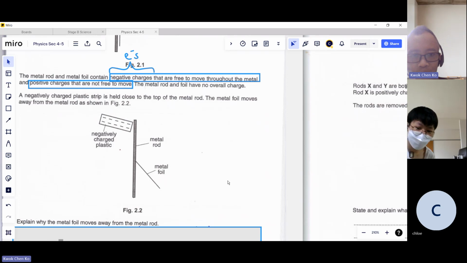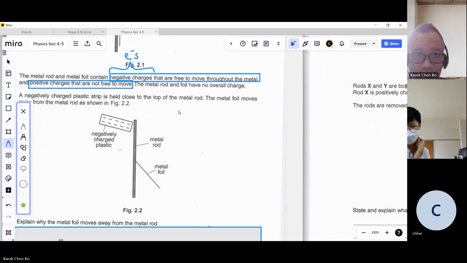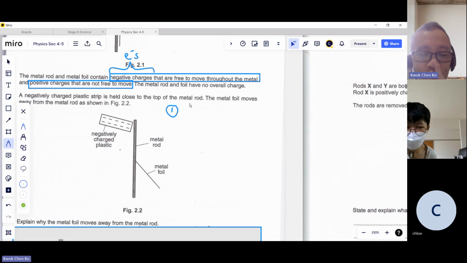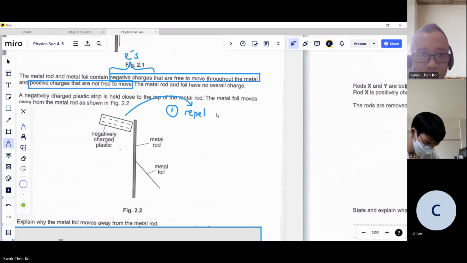So a few things. Now, I'll be writing in point form. So obviously, you should try to construct full sentences if you can. So basically, make sure you have the word repulsion. All right. So first thing first, the plastic, the negative charges, repel negative charges in the metal rod.